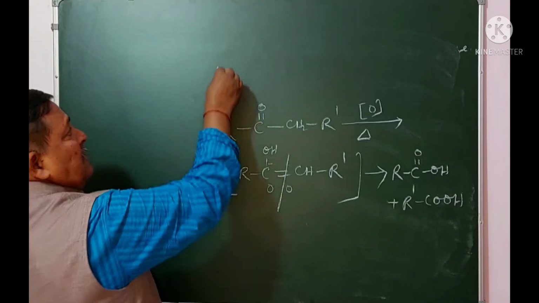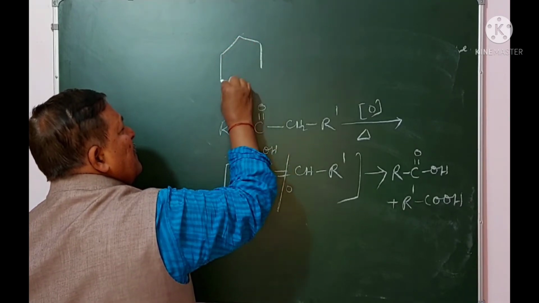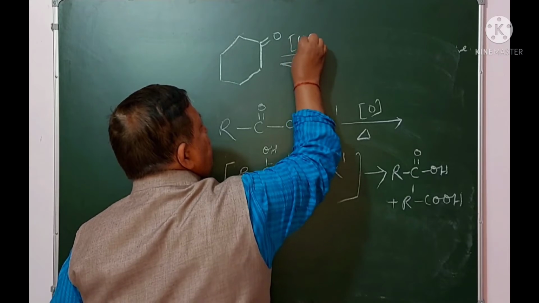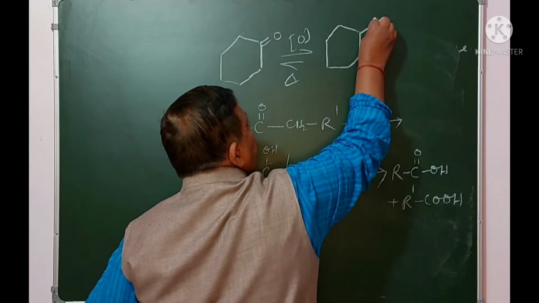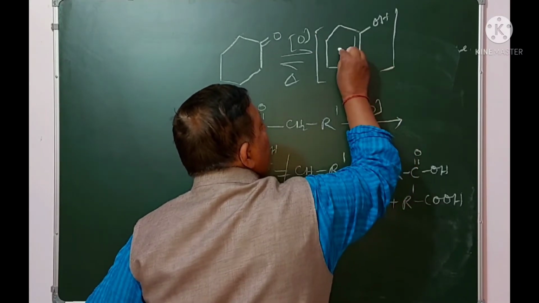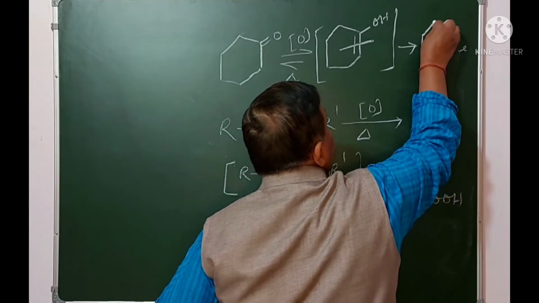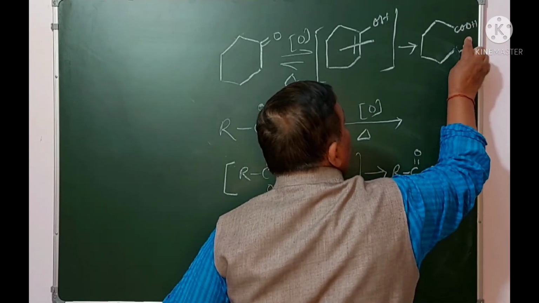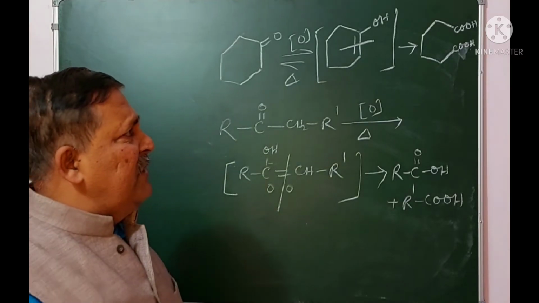And when the group is present in a closed chain, it is converted into dicarboxylic acid without change in carbon.